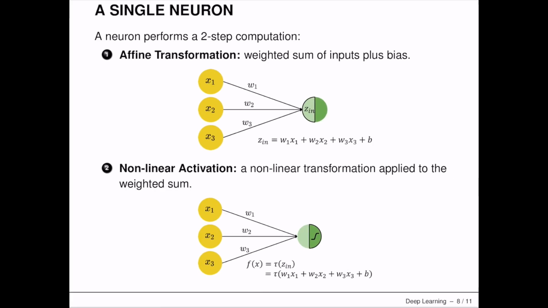And then the activation function is applied to this weighted sum, the input of the output neuron. And this is usually nonlinear, as for example seen with the sigmoid. So the example of the linear activation function is a bit untypical. So a single neuron has these 2 steps, the affine transformation and then the typically nonlinear activation function.